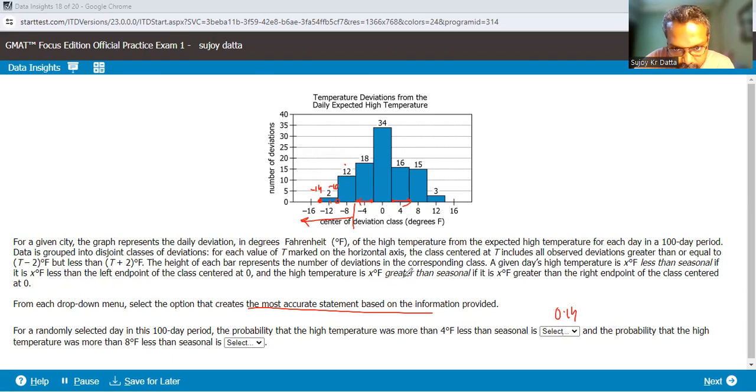And the high temperature is greater than the seasonal, which is x degrees greater than the right endpoint. 8 degrees less than the seasonal and 4 degrees less than the seasonal. Okay, both on this side. 8 degrees means 1, 2, 3, 4, 5, 6, 7, 8. 2 out of 100. All right, let's just check. 0.14 and 0.02.